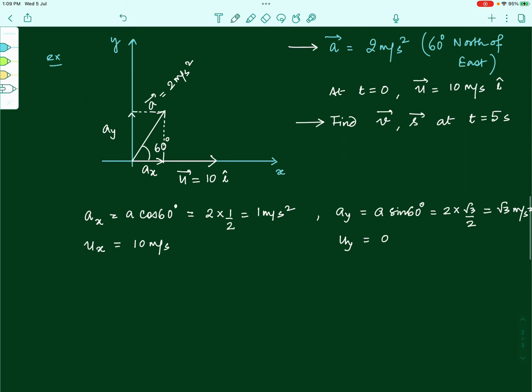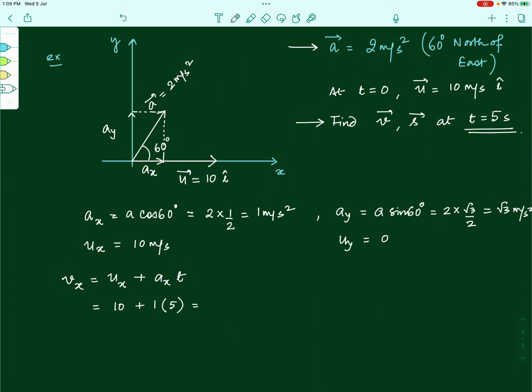So to find out the velocity at t is equal to 5 seconds, we can use the first equation of motion. First along the x axis, vx is equal to ux plus ax into t, and substitute the values. ux is 10 plus ax is 1 into the time in which we are trying to find it out, which is 5 seconds.